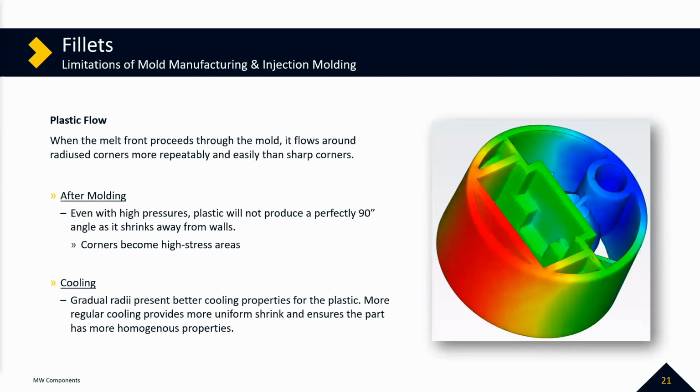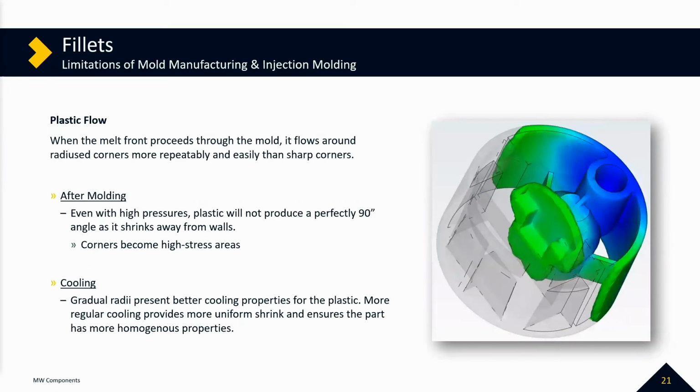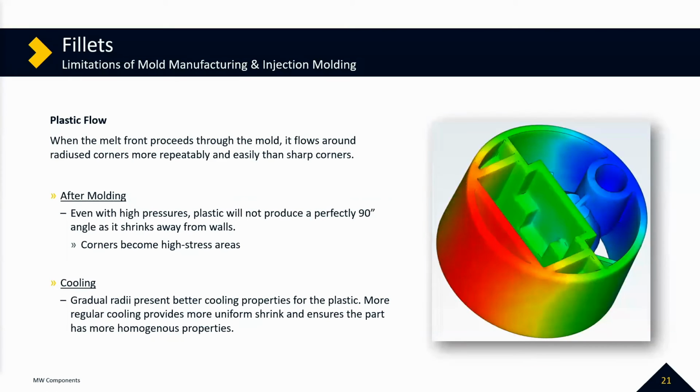As the plastic shrinks at the tip of that corner, it's likely to cool at a slower rate and deform into a slightly radiused corner as it shrinks away from the walls. Again, this can be remedied by increased packing, but those are also stress concentrators within the plastic itself.